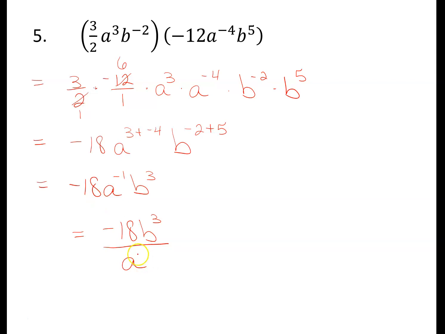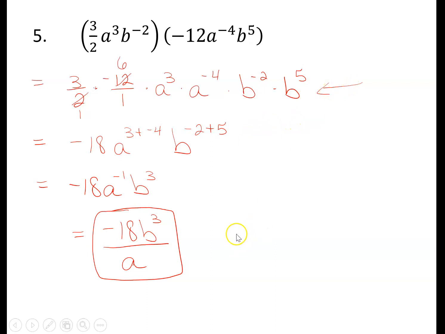And it's not necessary to write a +1. That's understood to be there. And so we would just write a. And now it is simplified. You don't have to write this step out like I did, but if it's helpful to you, then go ahead and write it.